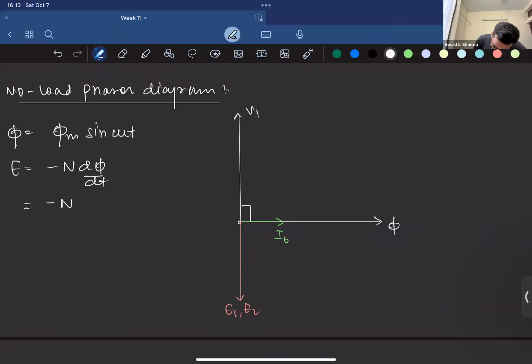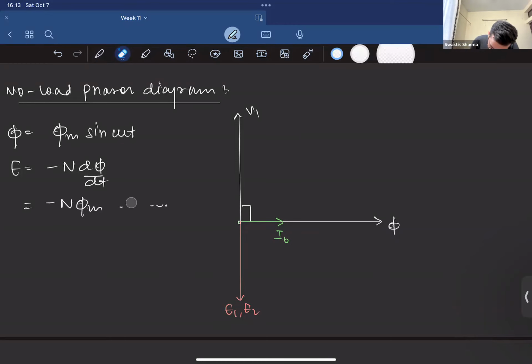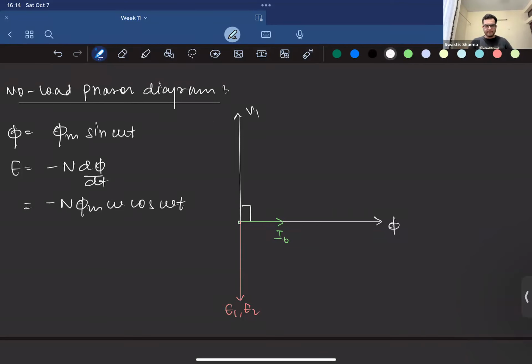So if we do the differentiation, what are we left with? We are left with this, right? There will be an omega too, right? And we can write this as minus n phi m times omega sine of omega t minus 90 degrees, right? We can do that.